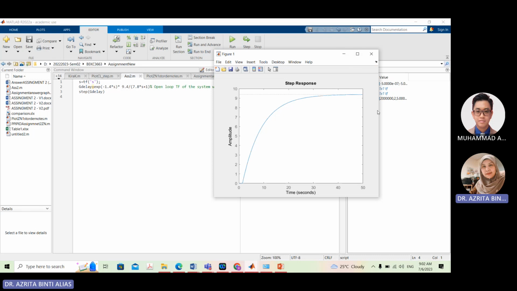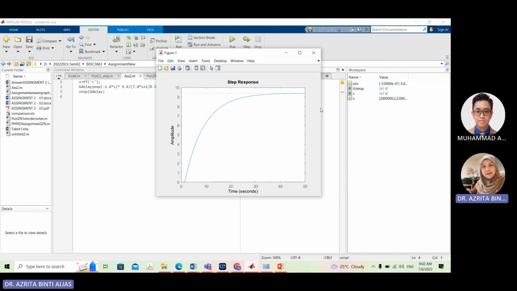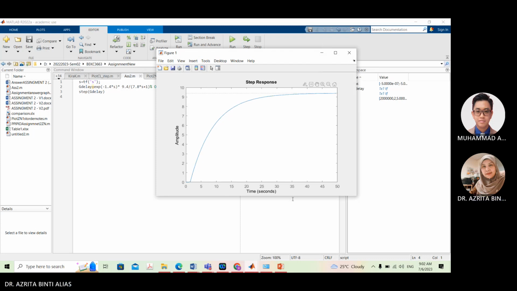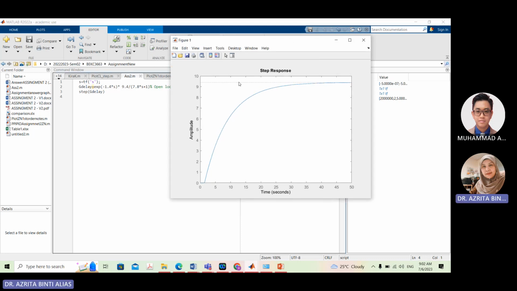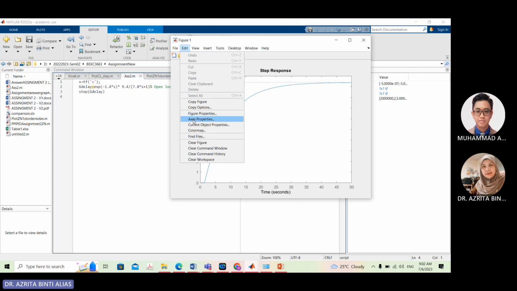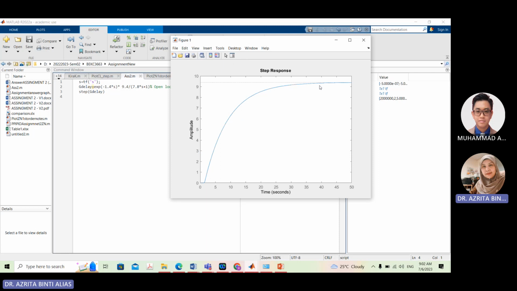So actually, from this graph, we can edit our graph. So you go to edit and access properties.